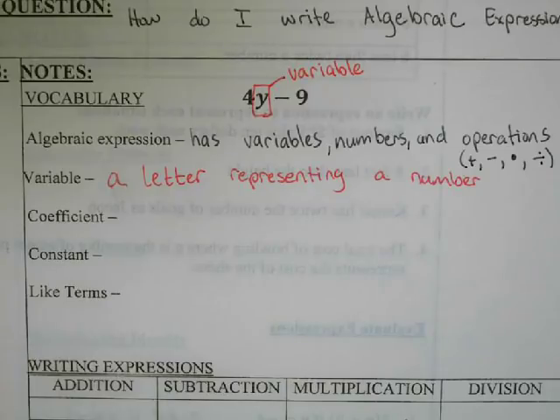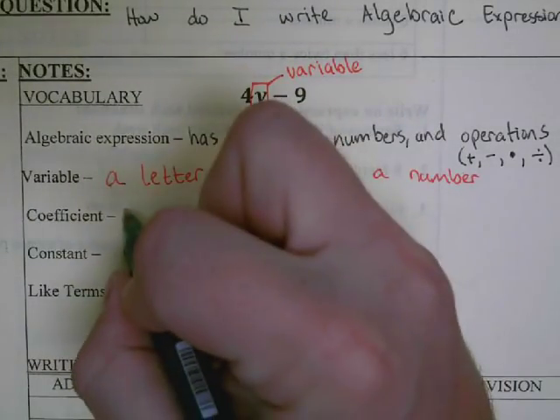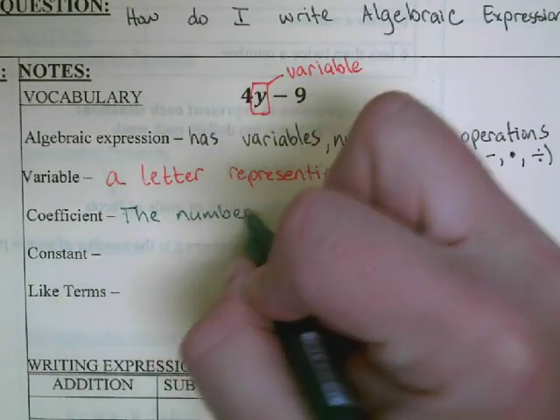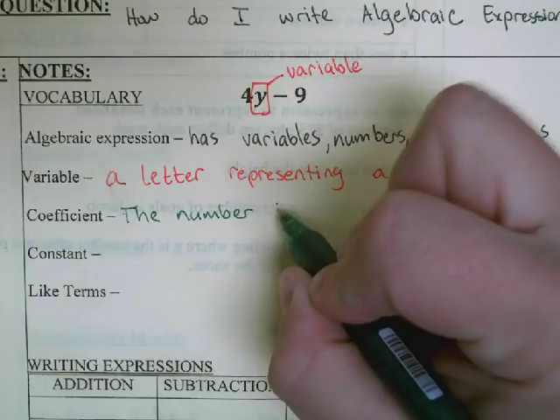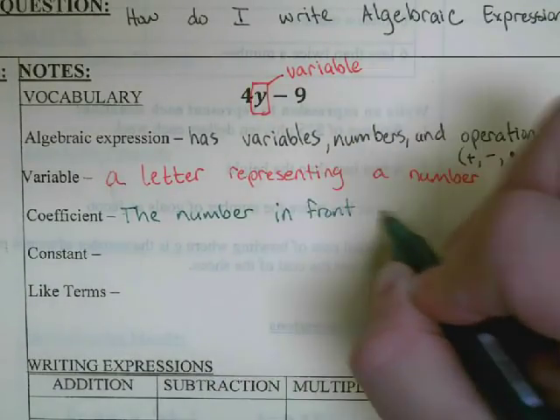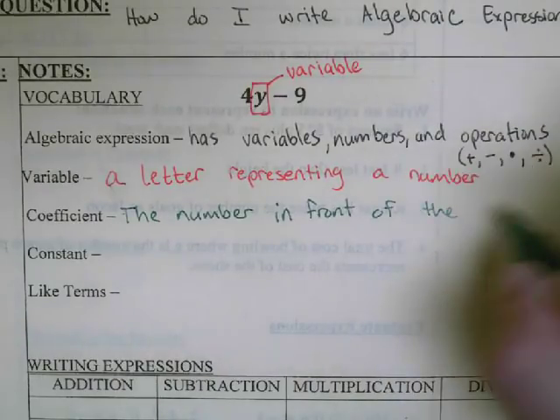Now there's a coefficient. The coefficient is the number that is being multiplied with the variable. You can also think of it as just the number right next to the variable. So we'll call the coefficient the number in front of the variable.